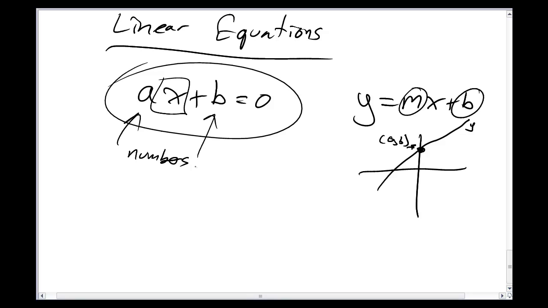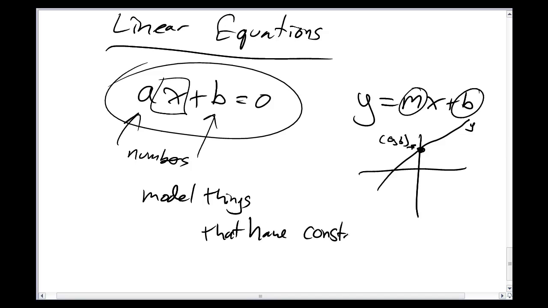And the thing about linear equations is that they allow us to model real-world events that have what we call constant change. There is a change happening if you think about this line.